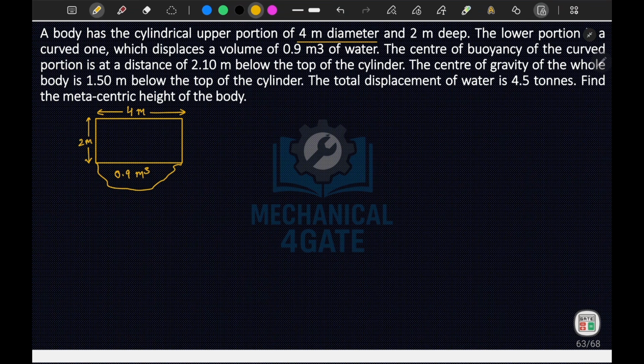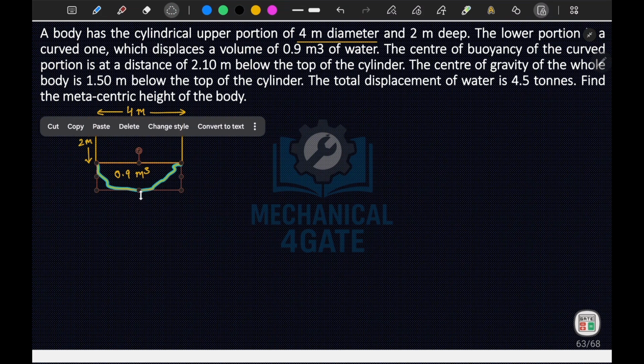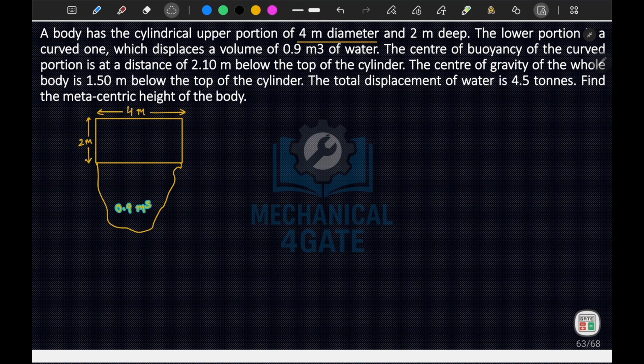Okay, now the center of buoyancy of the curved portion is a distance 2.1 meter below the top of the cylinder. So it's something like this. Now this distance is your center of buoyancy for the curved portion only.